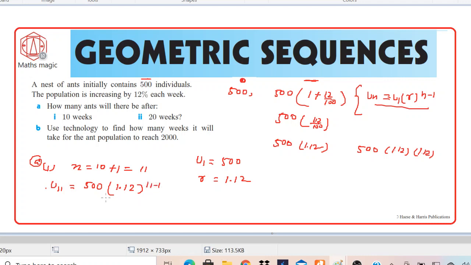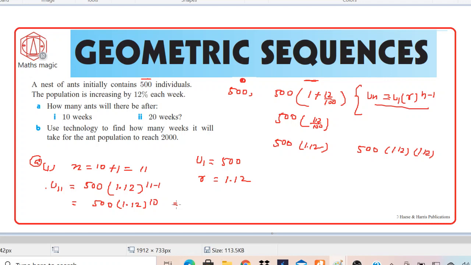Now you can solve this to find the population after 10 weeks. You can use a calculator, or do it manually if you can.